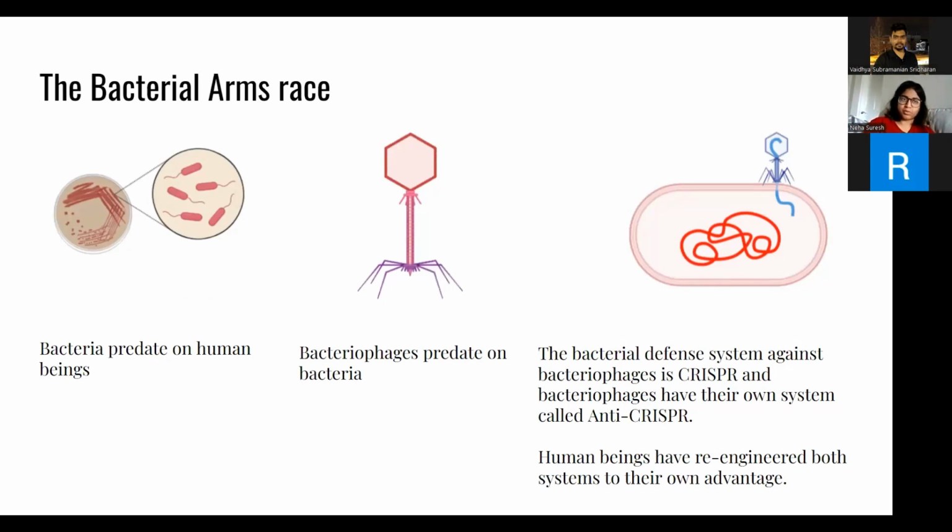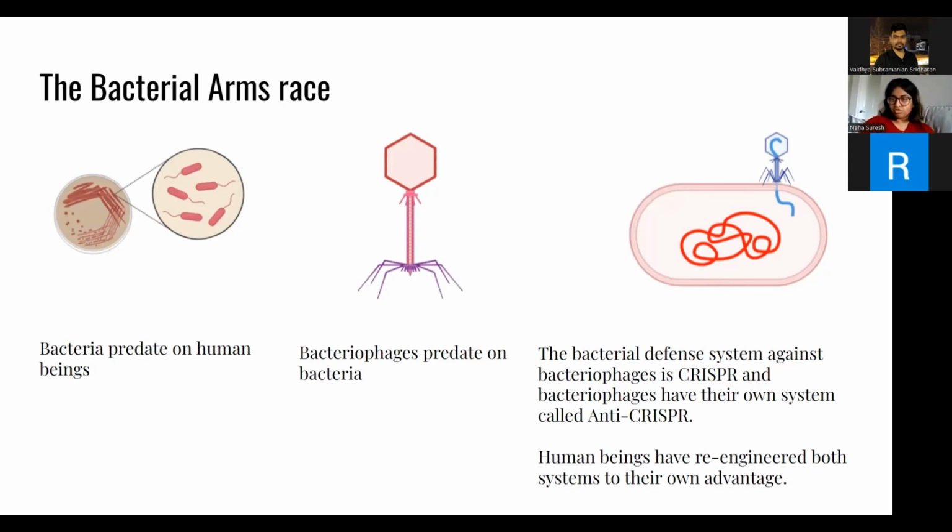To understand CRISPR, we need to understand the bacterial arms race. In nature's usual flow, bacteria have their usual predators, called bacteriophages, which are basically viruses that attack bacteria.